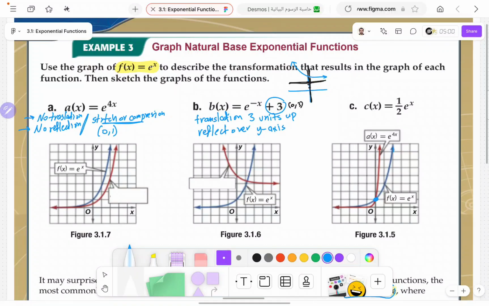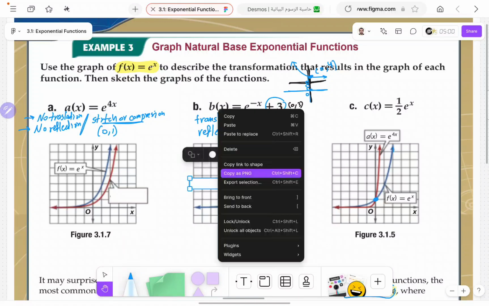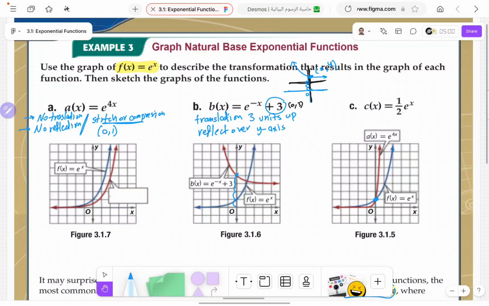This point here should be (0, 1), but from the original graph we moved 3 steps up and 1 step more, so this point should be (0, 4), which is represented by the second graph. So 0, 1, 2, 3, 4, this one here is my second equation.